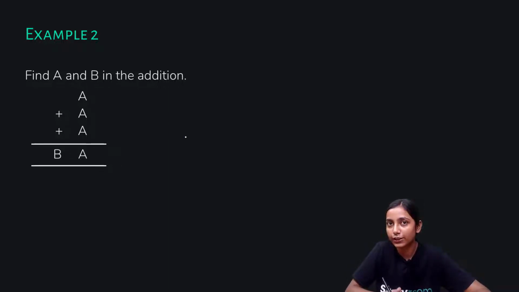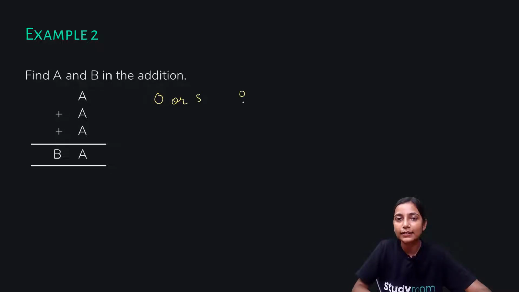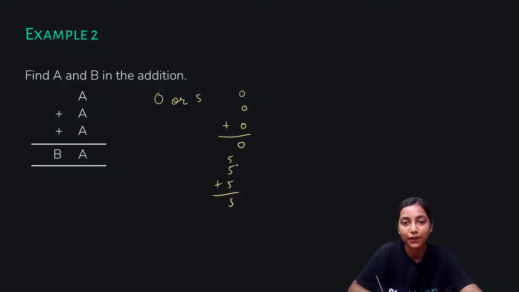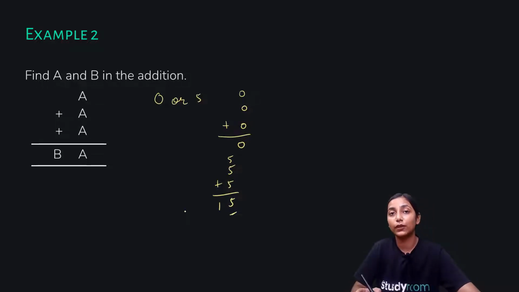Such a digit can be either 0 or 5. You can see 0 plus 0 plus 0 gives us 0 again, and 5 plus 5 plus 5 gives us 15, that is 5 again at the units place. So this letter A will be either 0 or 5.